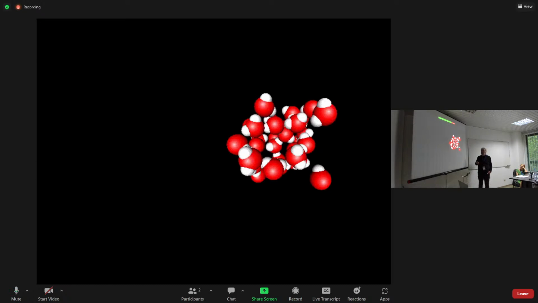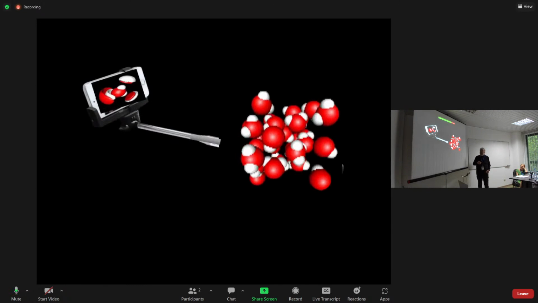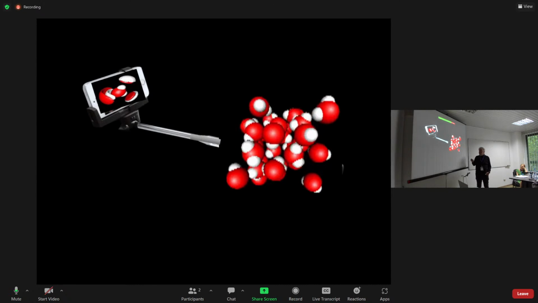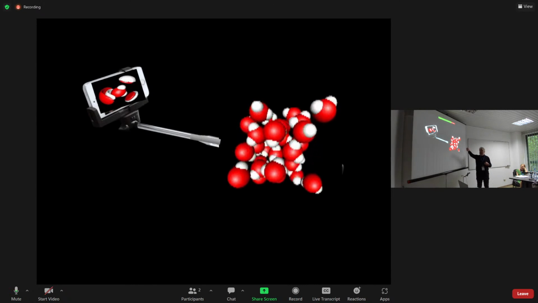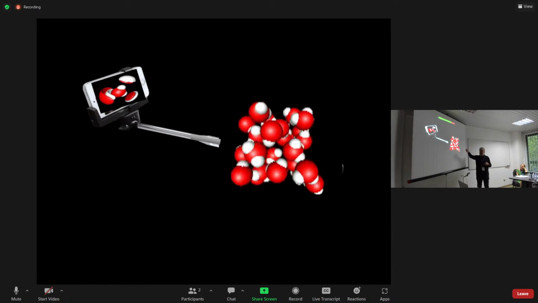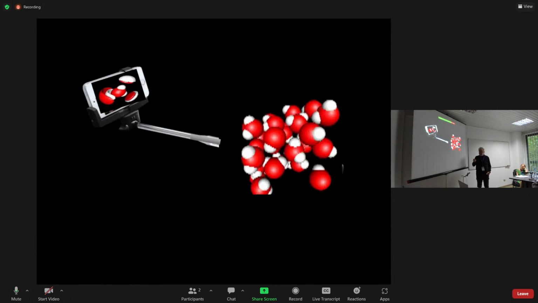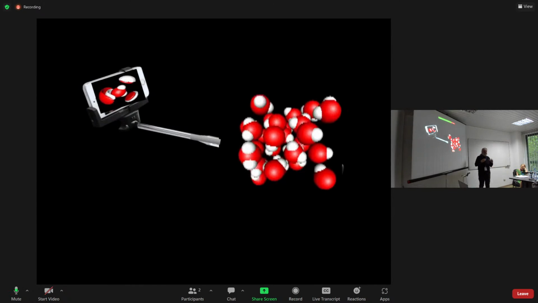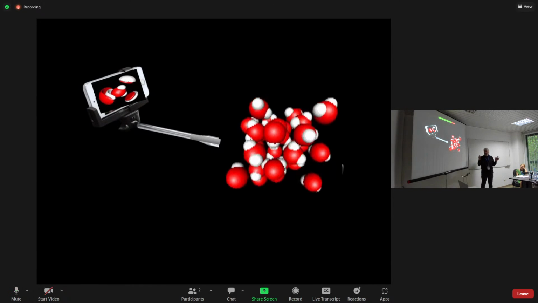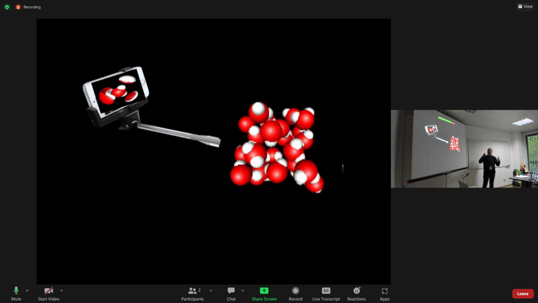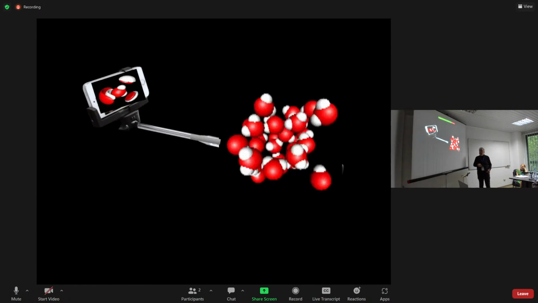They decide, let's take a selfie or a groupie, and then one water molecule keeps this stick with the camera, and this camera has its shutter open all the time. That means that the images are overlapping, they come on top of each other.